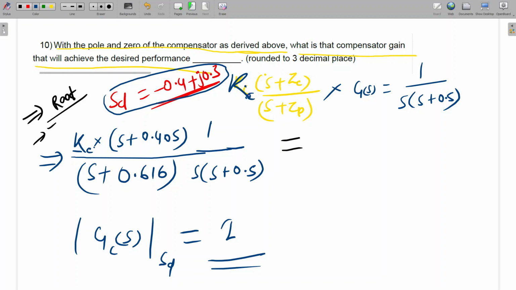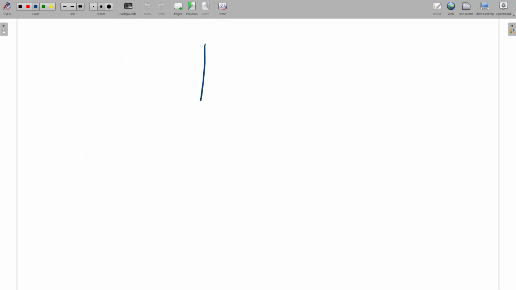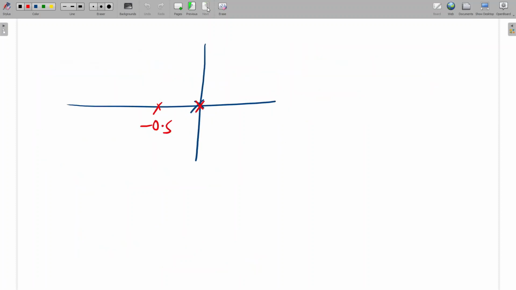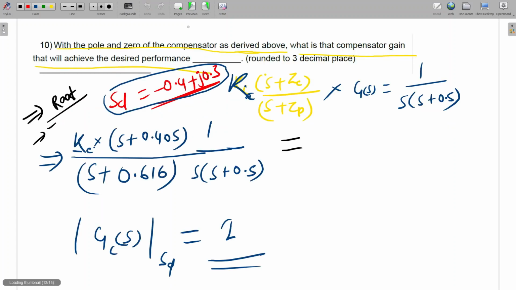First we'll draw the root locus for this one. One pole at 0, one at minus 0.5, another at minus 0.616. And where is the other?